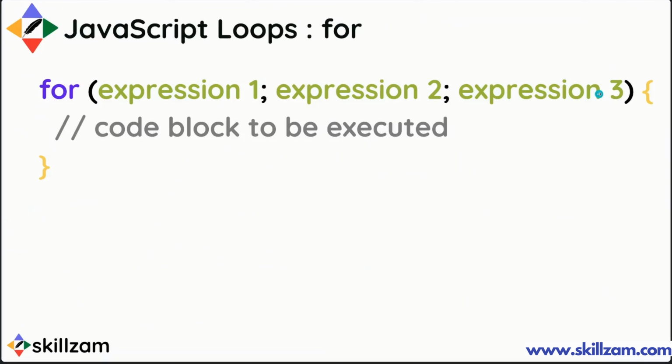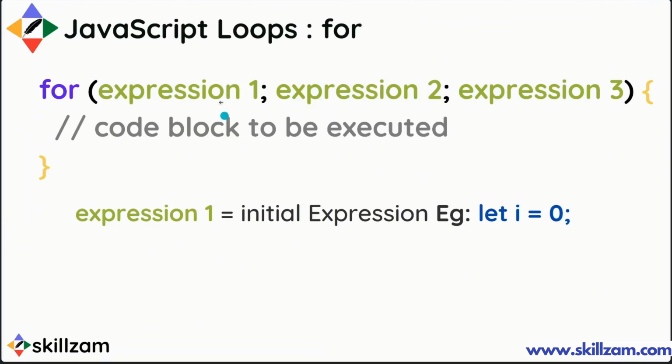Now you might say not all the expressions are mandatory, but the condition is definitely mandatory. Depending on these expressions, the code within the curly braces block will be executed.